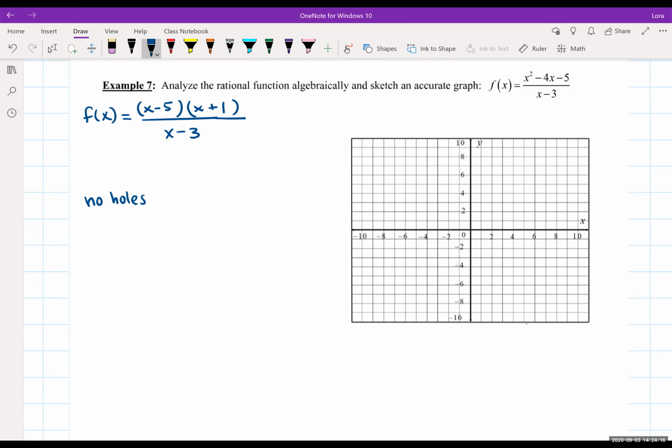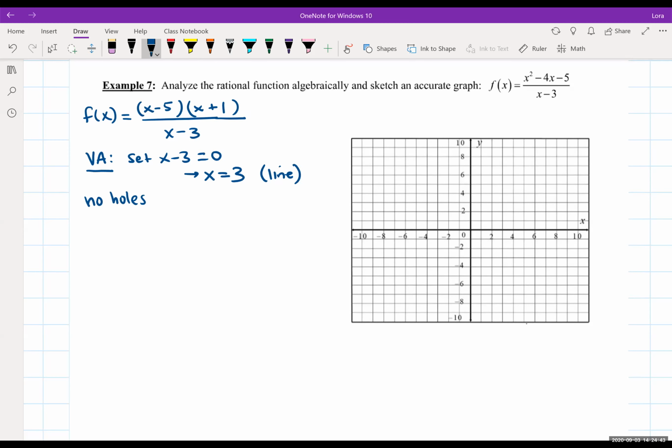It's impossible to reduce it. So to find the vertical asymptote, I set the denominator, x minus 3, equal to 0. If I solve for x by adding 3 to each side, the vertical asymptote is the vertical line x equals 3. I'm going to make sure that we know that it's a line.